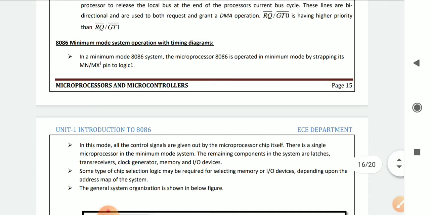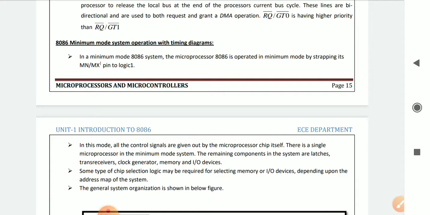In this mode, all the control signals are given out by the microprocessor chip itself. Remember one concept: if the task is divided among multiple pins, then you are giving less burden to the microprocessor, and definitely it will be fast.